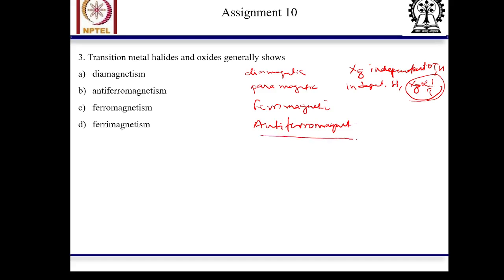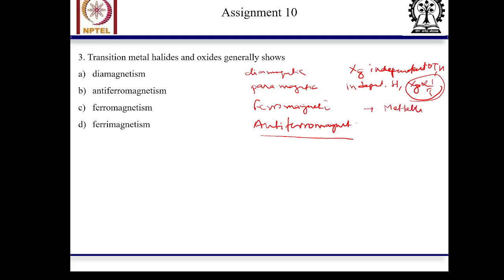For antiferromagnetic, we see that above TN, Chi will be proportional to 1 by T, but below TN, Chi will decrease drastically. So I have given the example of metallic iron.